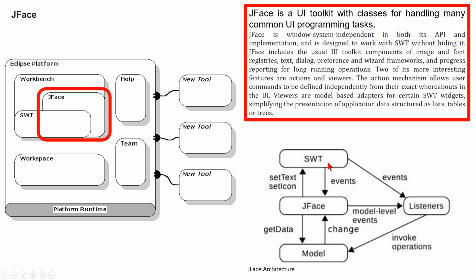SWT is connected to listeners, and events are passed from SWT to listeners. JFace is connected to listeners. Model and view events are passed from JFace to listeners, and listeners are connected to the model, and invoke operations are passed from listeners to the model.